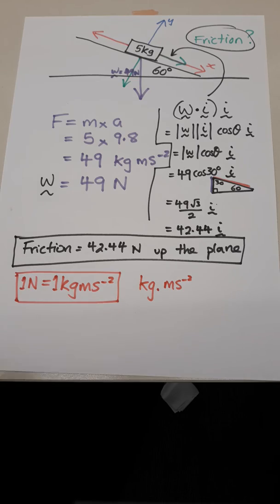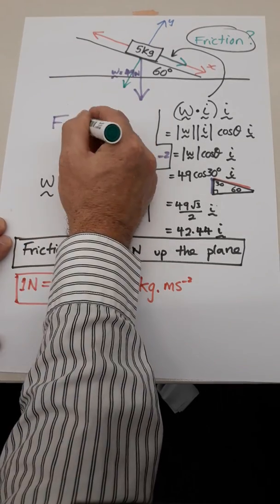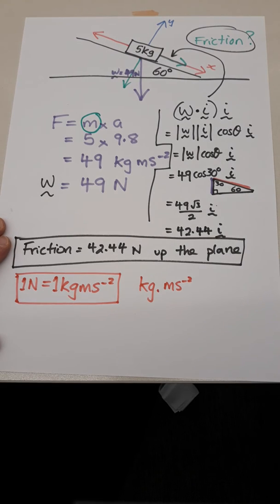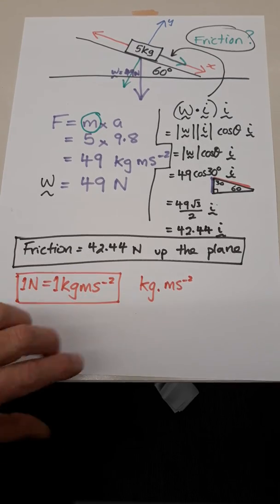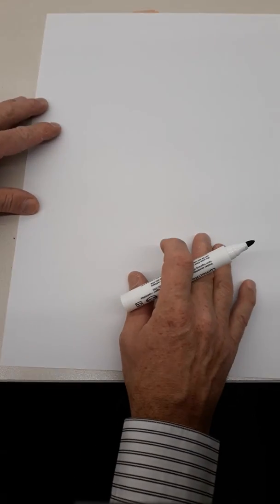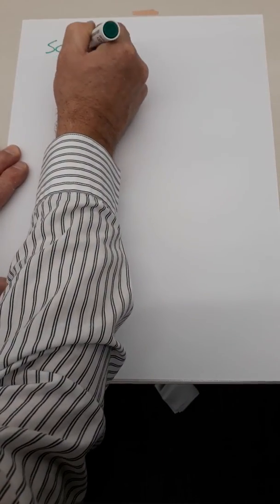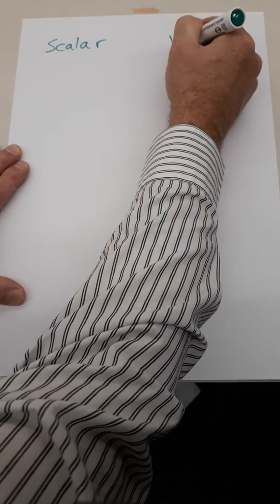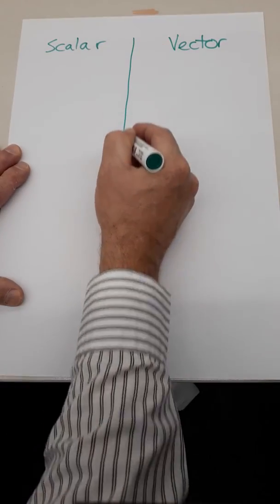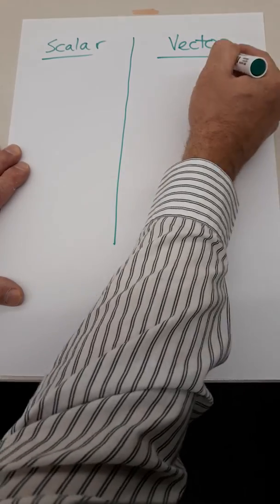A couple of other words that were mentioned. Mass. Now, mass is what's called a scalar quantity, and I wanted to just point out a couple of quantities like that. So as we've encountered so far in this topic on vectors, we have two types of quantities, scalars and vectors.